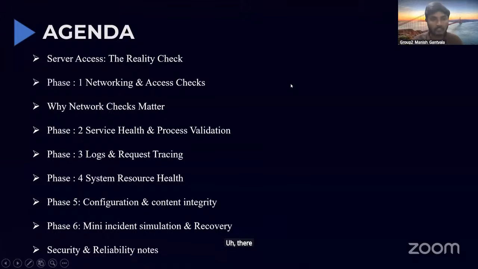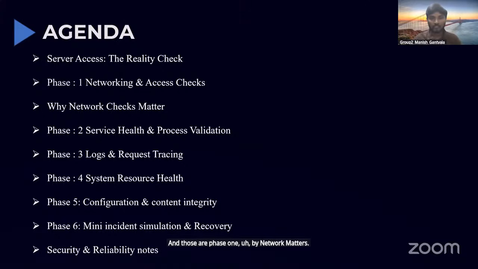There is server access, which we have to check in reality. Phase one is network checks, and after that service health, then logs, then system resource health, then configuration, then mini incident simulation and reliability checks.